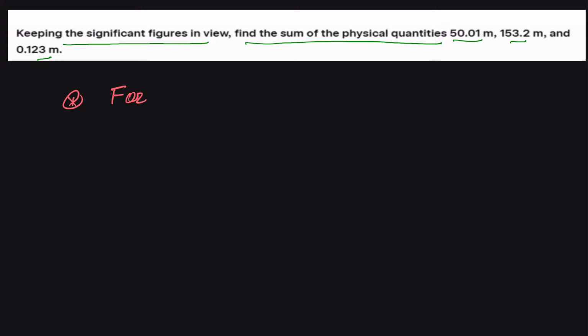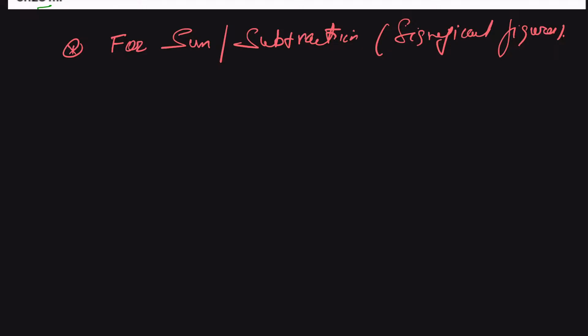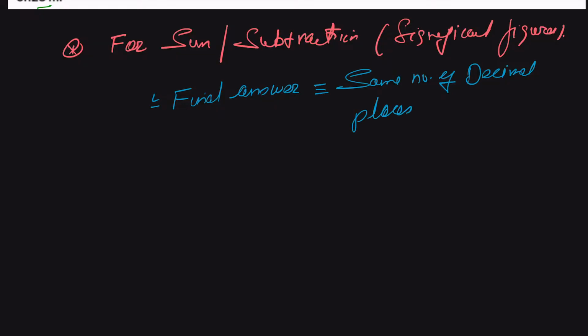For our sum or subtraction of our significant figures, we should remember that the final answer should have the same number of decimal places as the least number of decimal places.